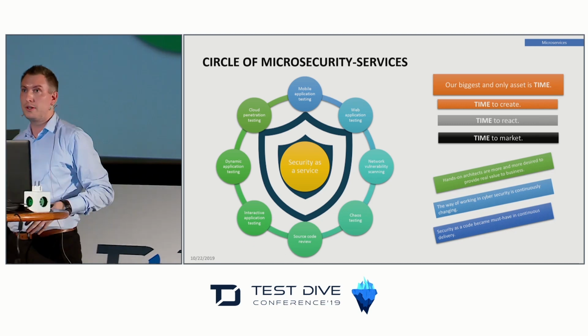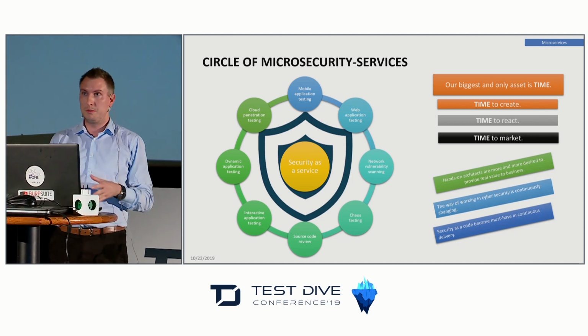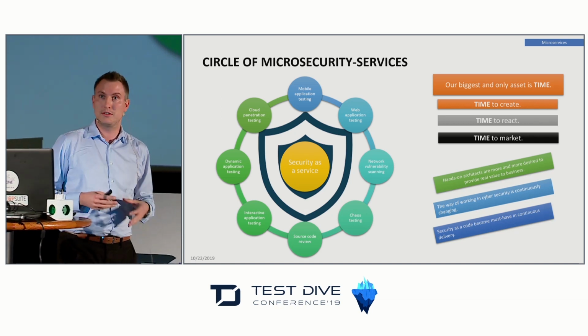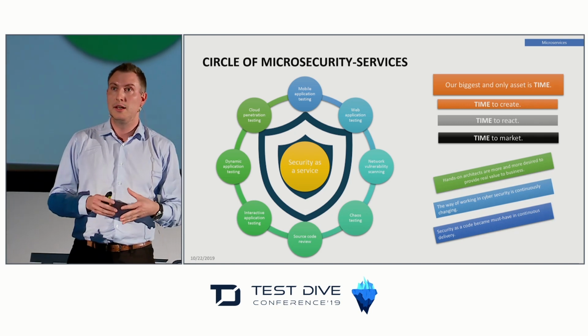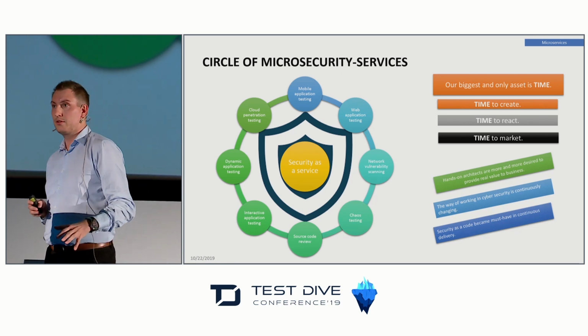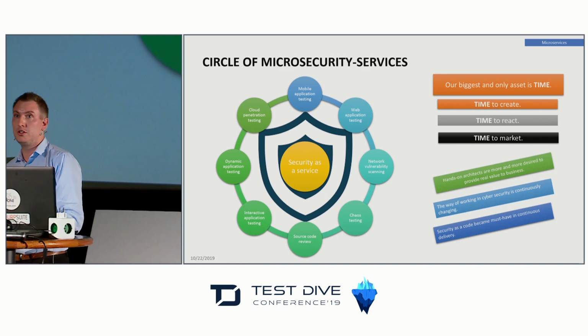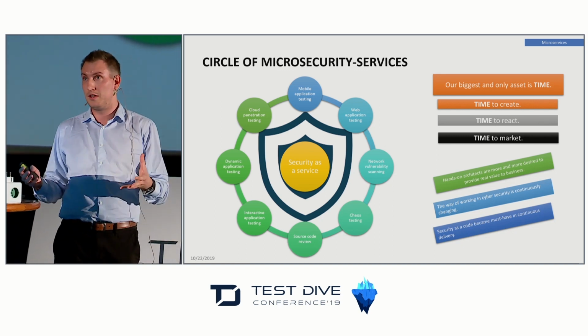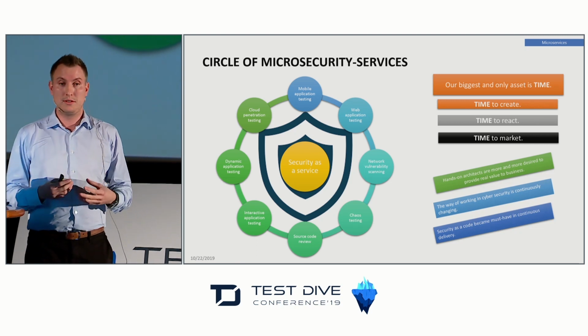It's source code review, because I know that lots of people from testing are doing regression testing, functional testing, non-functional testing with performance. But in the security world, we have lots of different tests. We have network security testing, we have web application testing, we have, for example, encryption testing, we are testing the SSL layer. So lots of things.